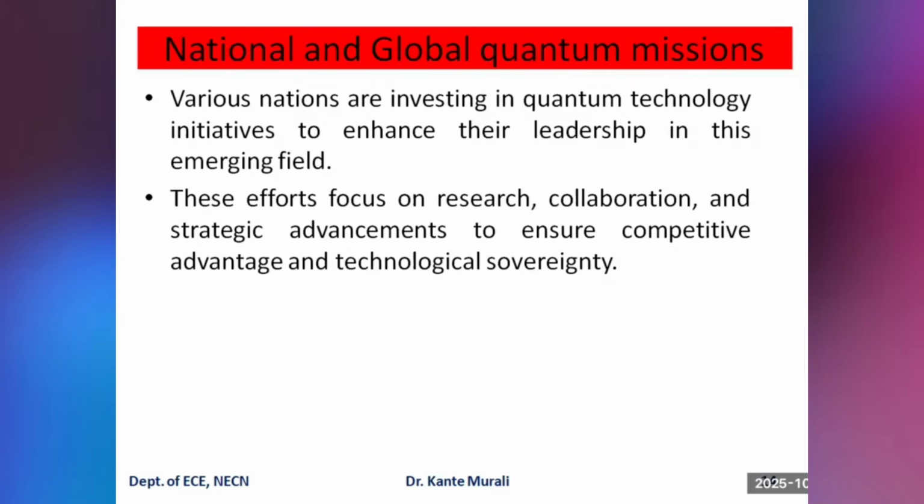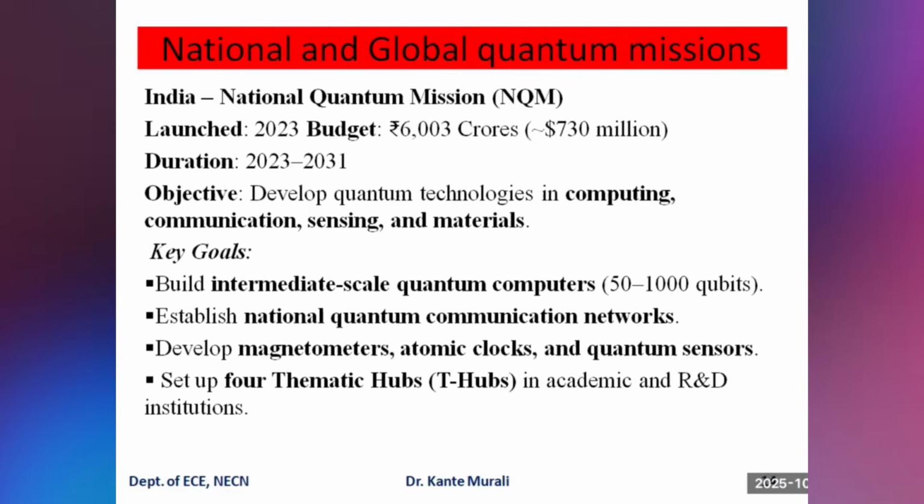Now let us see, by considering all these aspects, what the present status of quantum computing is across various nations. That means what initiatives have been taken by different nations in the field of quantum technology on research, collaboration, and strategic advancements to ensure competitive advantage and technological importance. Let us see the present status of quantum technologies in India. In India, there is a National Quantum Mission with a 6,000 crore budget, focusing on quantum technologies like computing, communication, sensing, and materials.